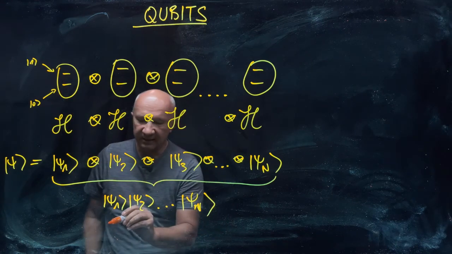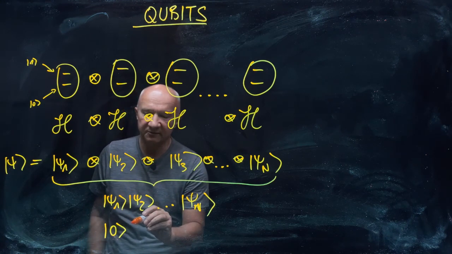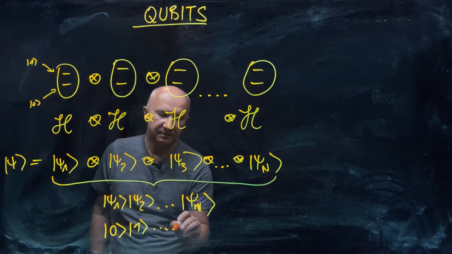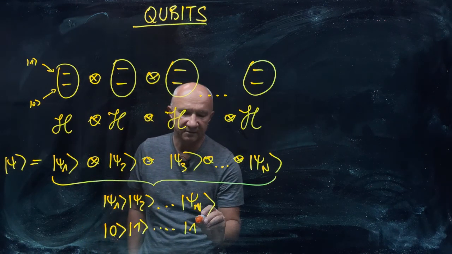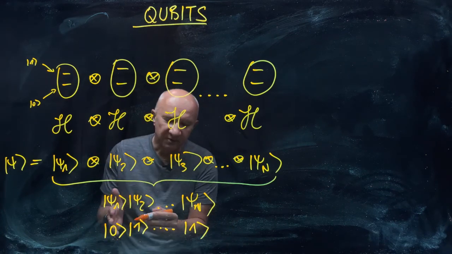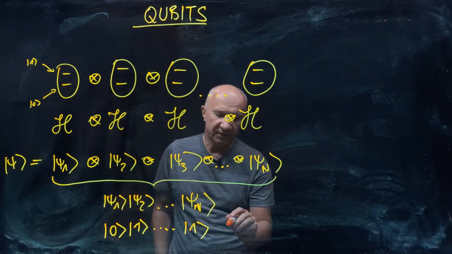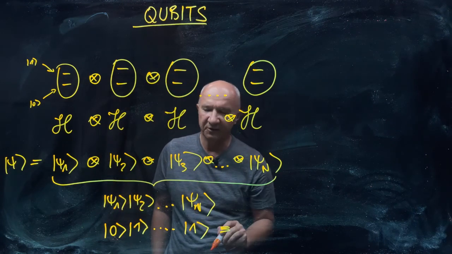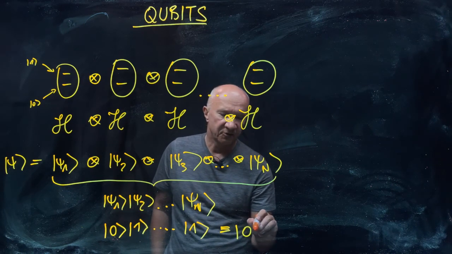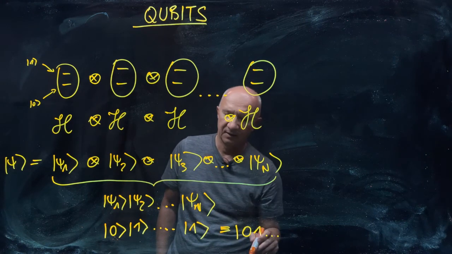For example, we can have a state 0, so the first qubit is in state 0, say the second qubit is in state 1, and so on and so forth, and the last one, say, is also in state 1. For basis states of this type, for the computational basis, we simplify the notation even further. We just drop the kets, and we just have one big ket here.